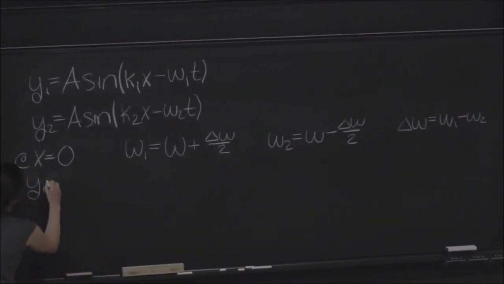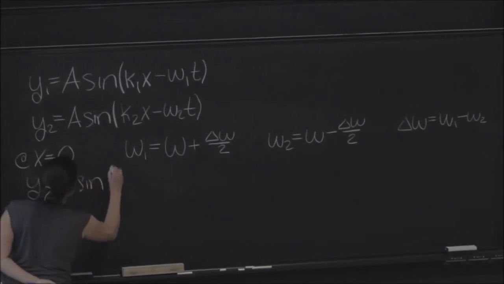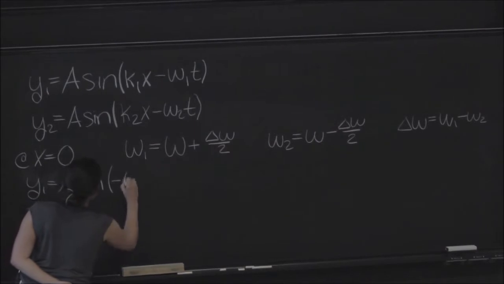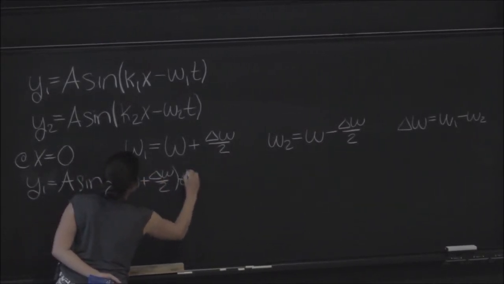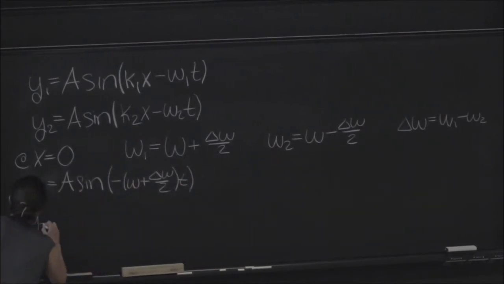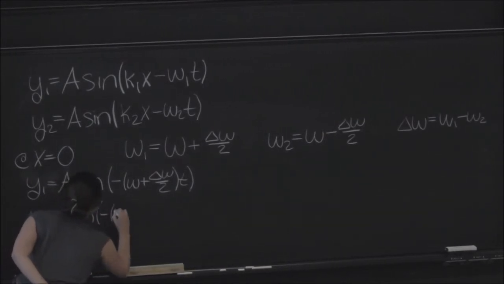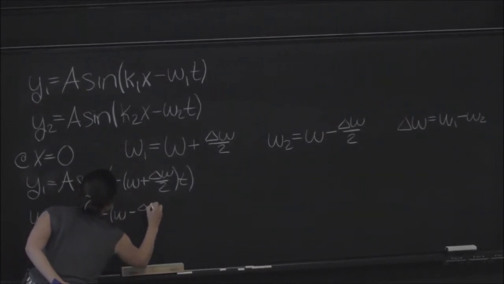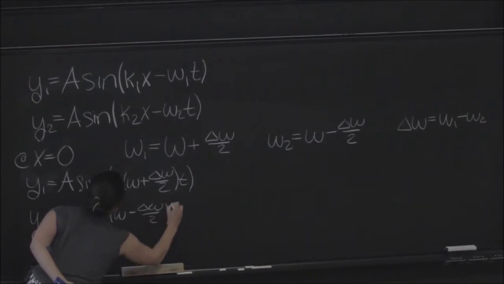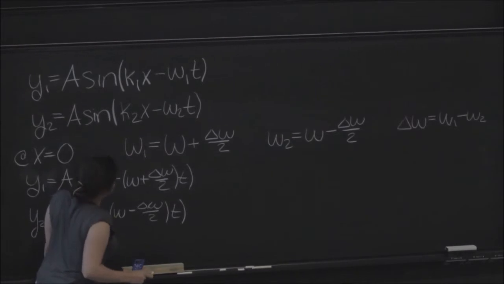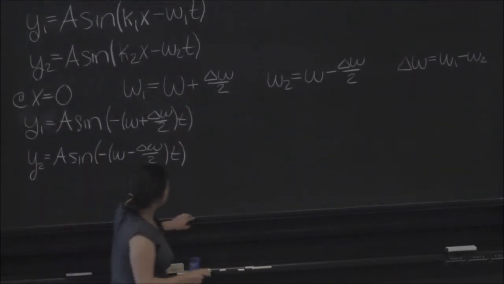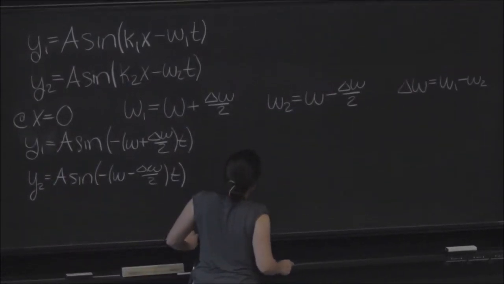So we have y1 at x equals 0 equals sine of negative omega plus delta omega over 2 times t, and y2 is sine of negative omega minus delta omega over 2 times t. I'm going to write a trig identity up here for your memory.